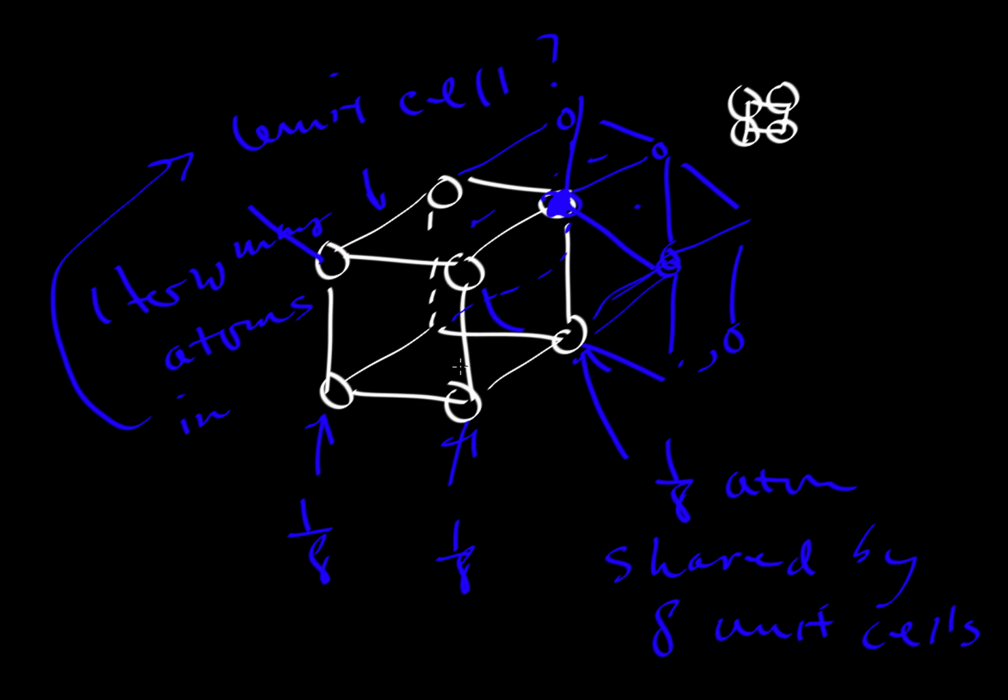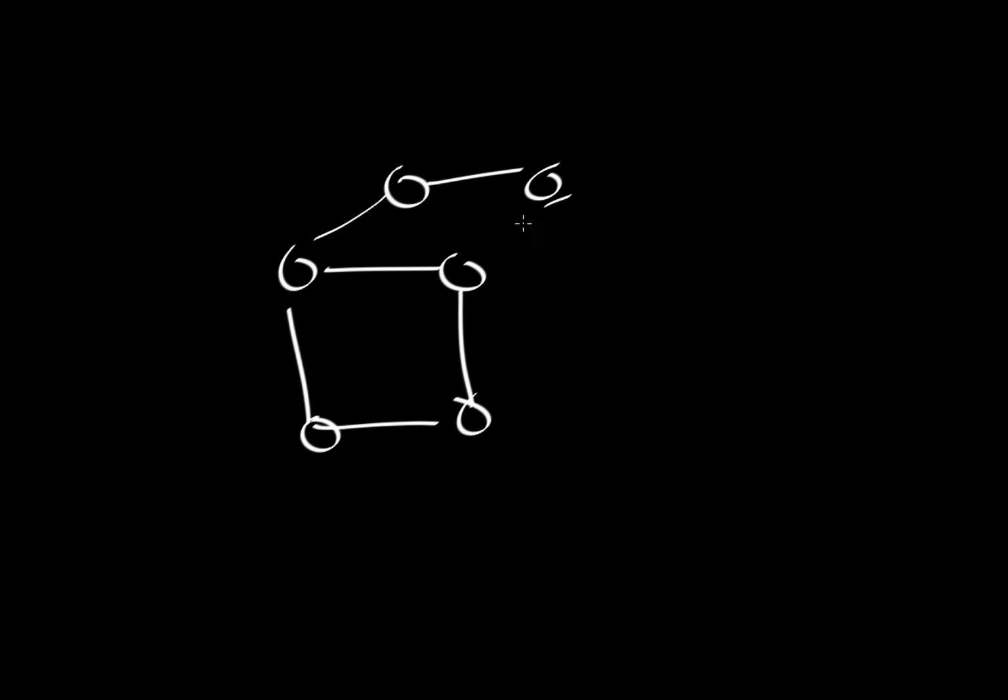So we started out, let's redraw it again. We started out with a unit cell that had 8 atoms. So we'll just get rid of all the messiness we had for that illustration. But this is being shared by 7 other cells. And this fellow is being shared by 7 other cells in addition to this one.